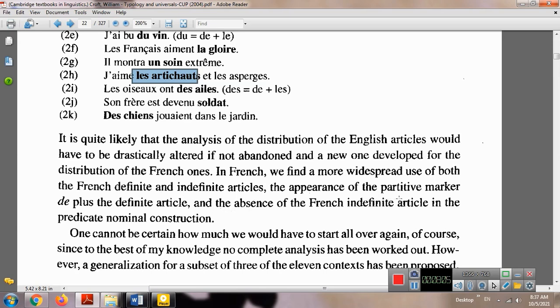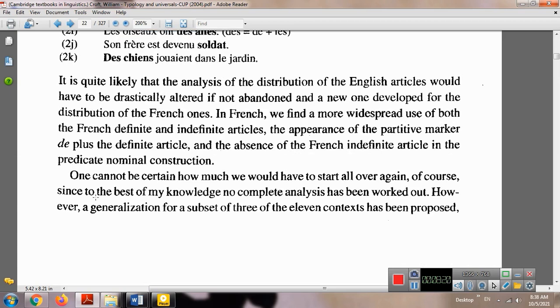The appearance of the partitive marker de plus the definite article and the absence of the French indefinite article in the predicate nominal construction. One cannot be certain how much we would have to start all over again, since to the best of my knowledge, no complete analysis has been worked out.